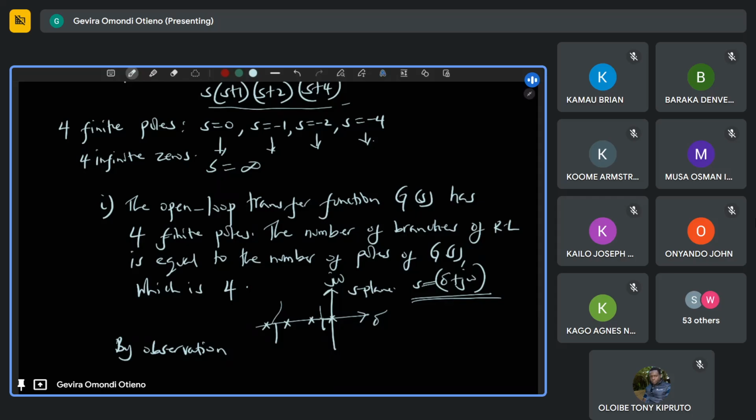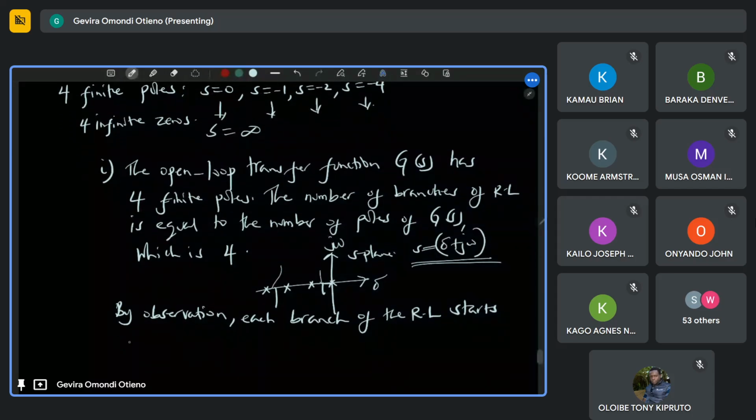By observation, you can say that each branch of the root locus starts at a pole and terminates or ends at a zero. Each branch should start at a pole and end at a zero.